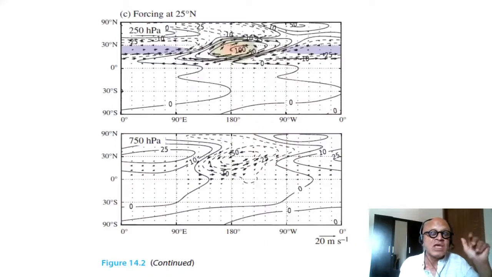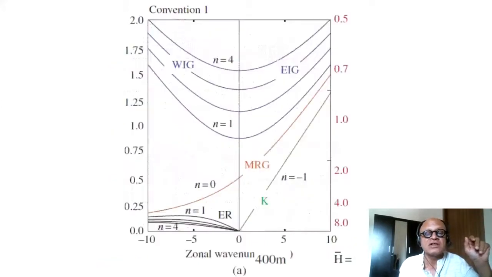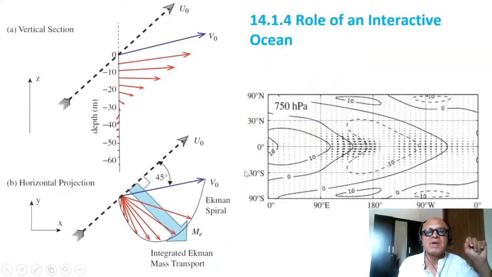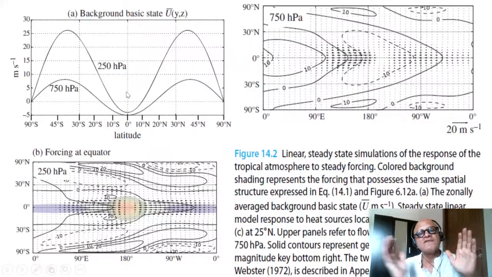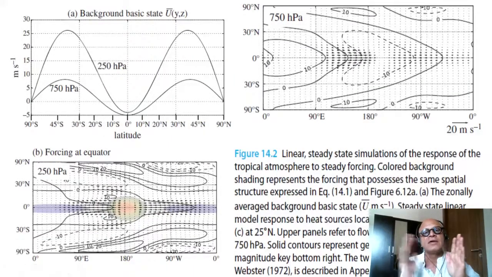So that's a very quick explanation of the Walker cell in the context, in the background of what we already learned. And the waves involved here are still the same equatorial Rossby waves and Kelvin waves, and the eastward-westward inertial gravity waves, mixed Rossby gravity waves, and so on, except that we have to remember that the basic state is not zero, so you're going to have these Doppler shifting and the accumulation of energy and stationary states being produced by wave mean flow interactions.